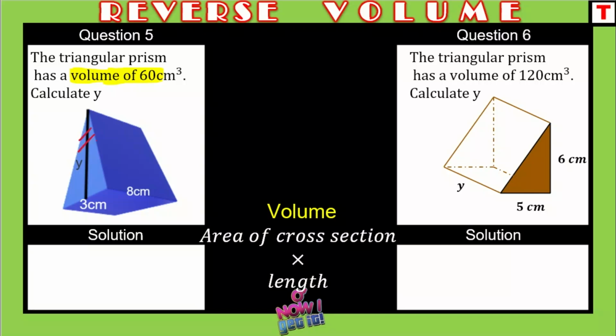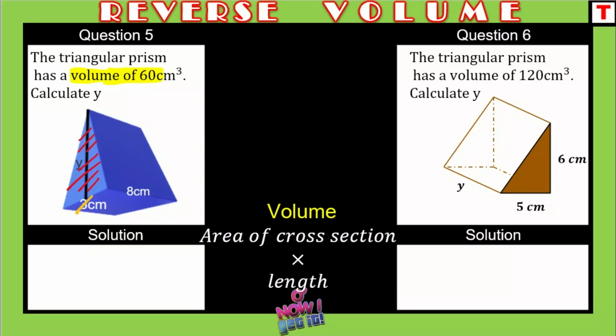So here we have the cross section. And we know to find the area of a triangle, we're going to halve the base. And the base is 3, so half of 3 would have been 1.5. So let me just take that out and put my 1.5 in.